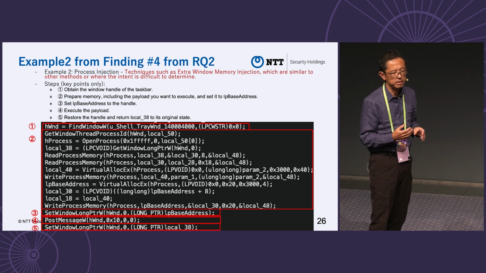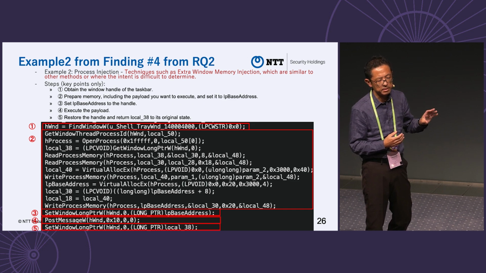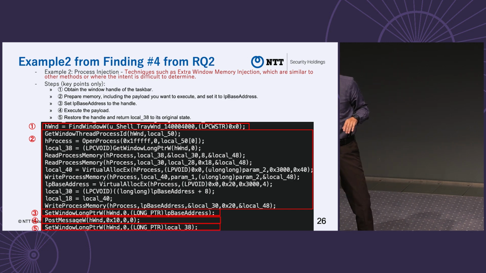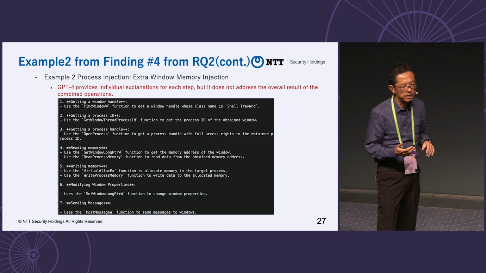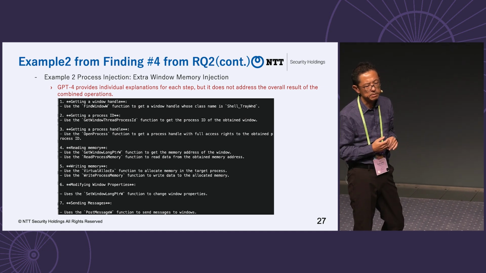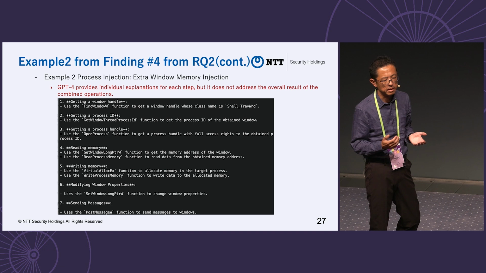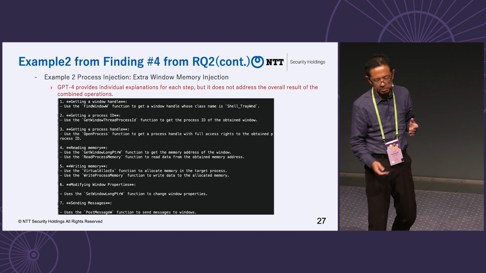I won't explain in detail, but the 5 steps are necessary for this type of injection. In that case, GPT-4 provides an individual explanation for each step, but it does not address the overall result of the combined operation.